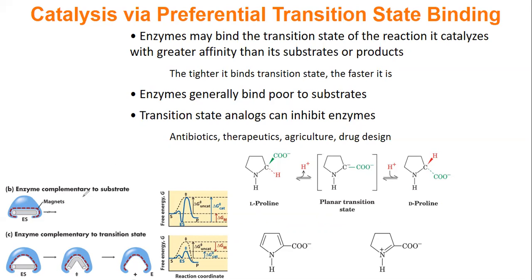That's what we're trying to speed up. And let's say that our enzyme, in example B here, or picture B, wants to bind the substrate. And so how do you bind a metal bar? Well, you bind it with magnets. So our enzyme binds our substrate perfectly.